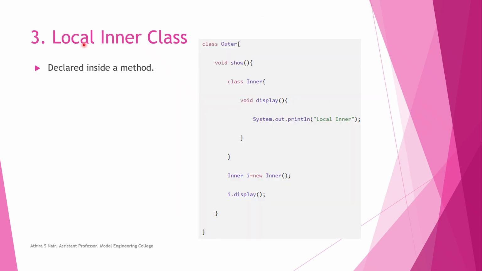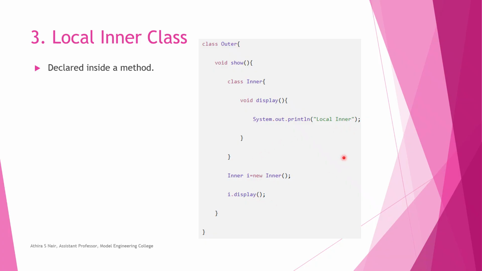Now the next type is local inner class. A local inner class is declared inside a method. Here we have an example class Outer. There is a function show. Inside the method, we are creating another inner class, and in that class we have a function display to print local inner.